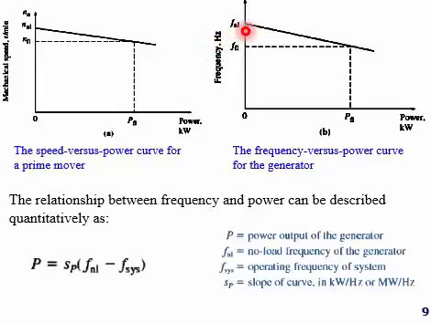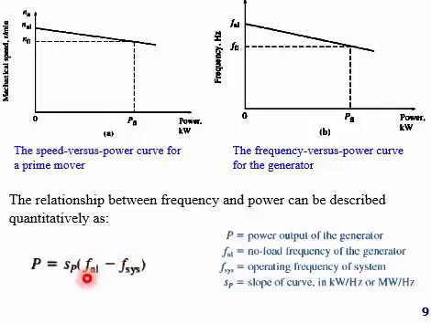Similarly, the frequency is also decreasing in the frequency versus power curve for the generators. So the relationship between frequency and power can be described by this formula, and we have already discussed this formula.